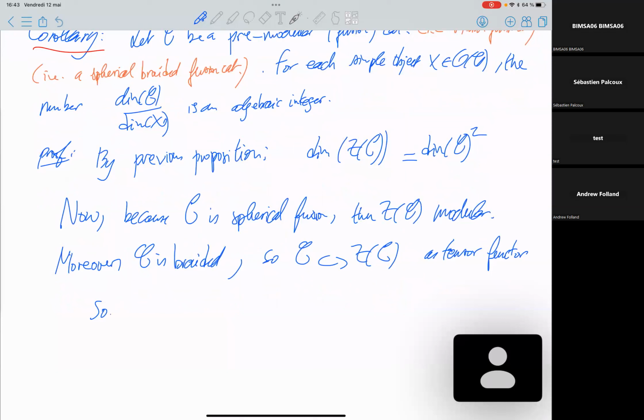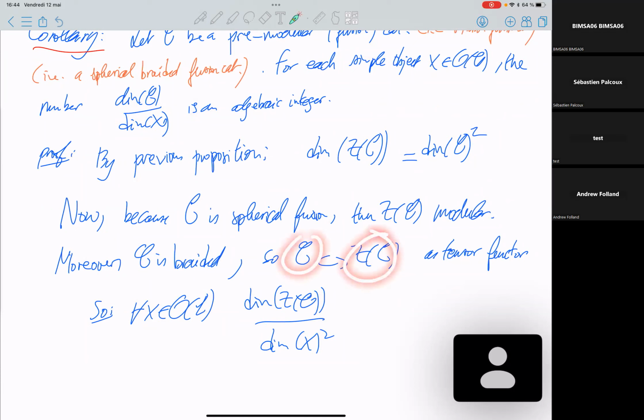And so for all simple objects in C, we have that it embeds. So in particular, you find the simple object of that. You can find it here.